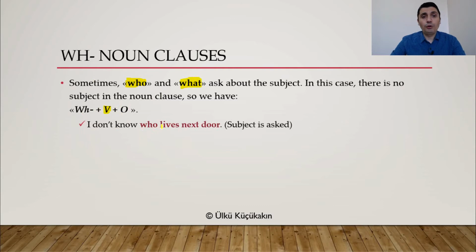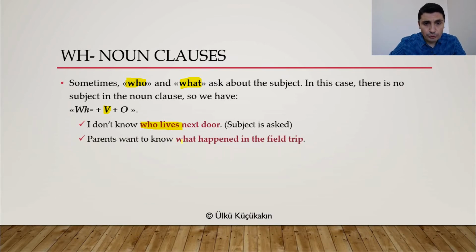I don't know who lives next door. So who lives next door? Why is there no subject? Because the subject is asked. We don't know the subject. We are asking about the subject. Okay? I don't know who lives next door.